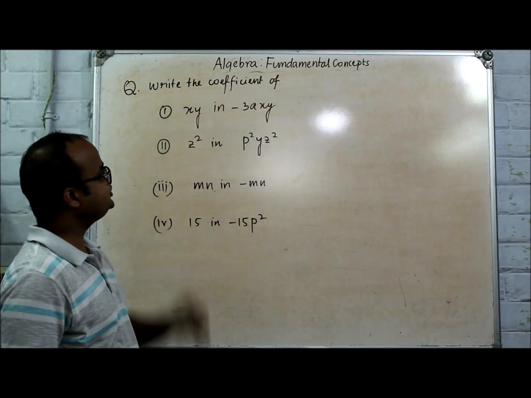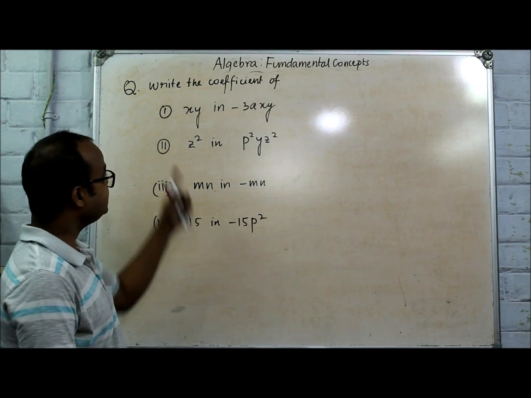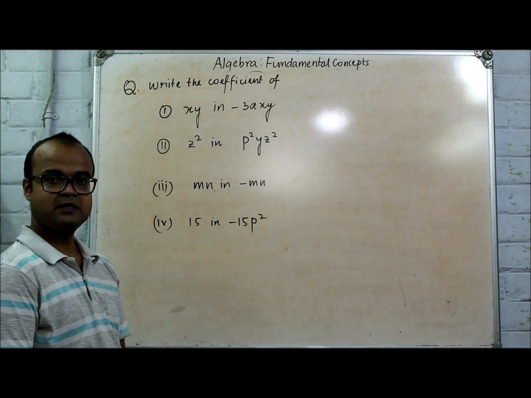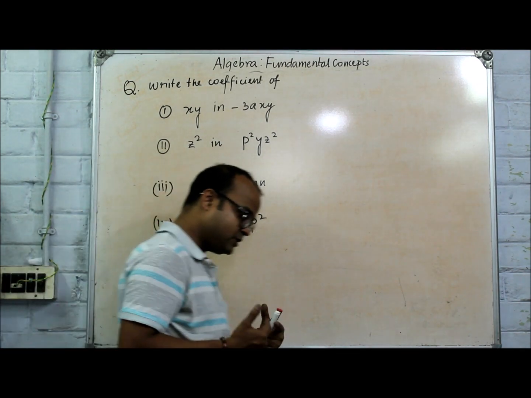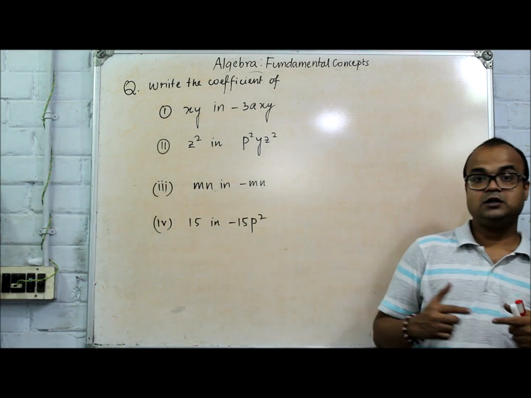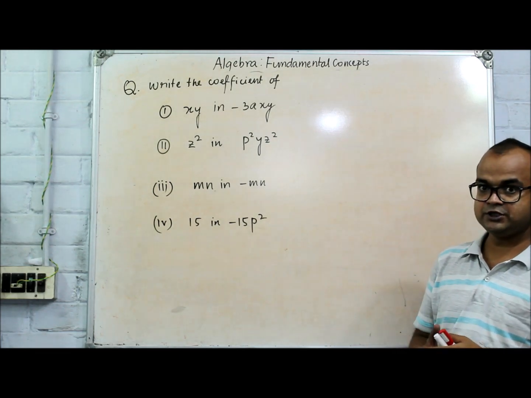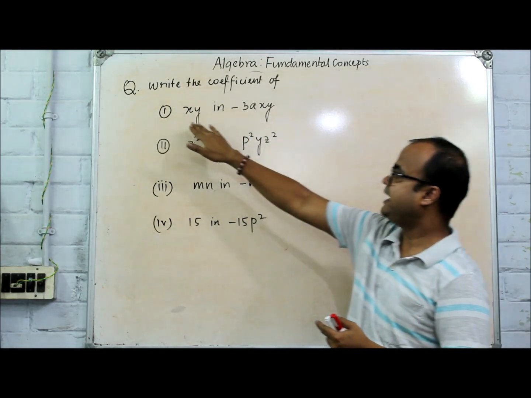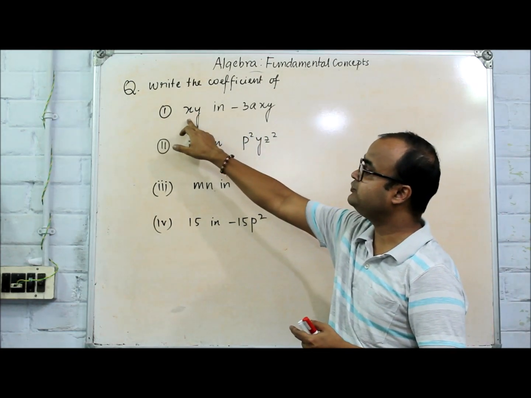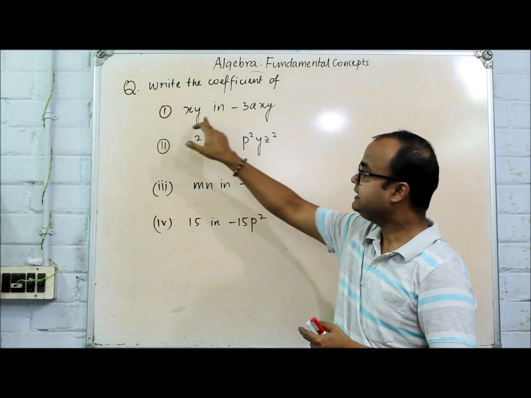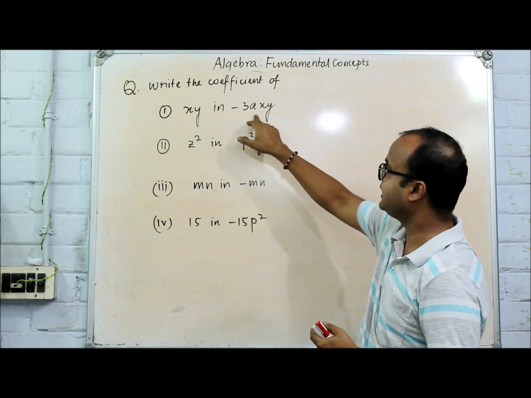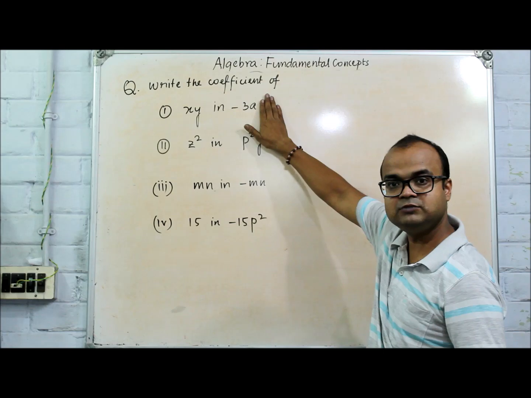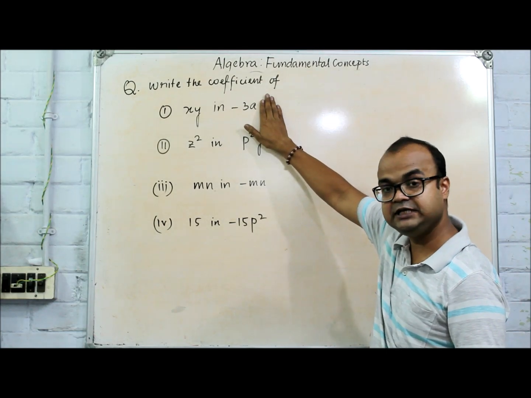Now let us discuss another problem. Write the coefficient of xy in minus 3xy. If you remember how to find the coefficient, what I told you, just hide the term xy. If I hide my xy, what is the term left here? Minus 3a.